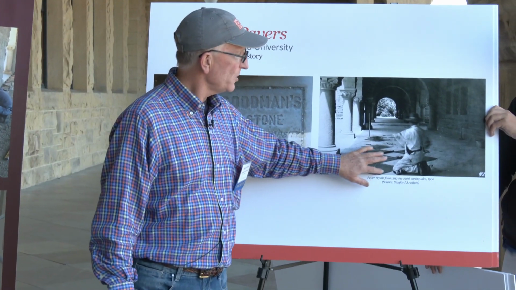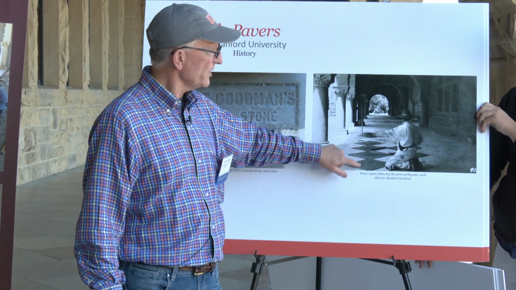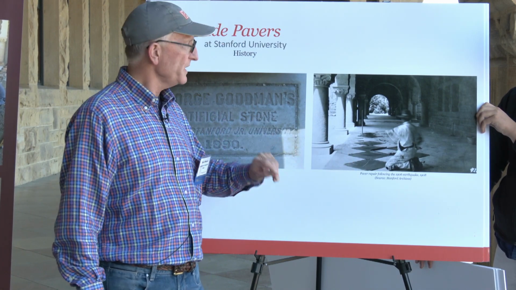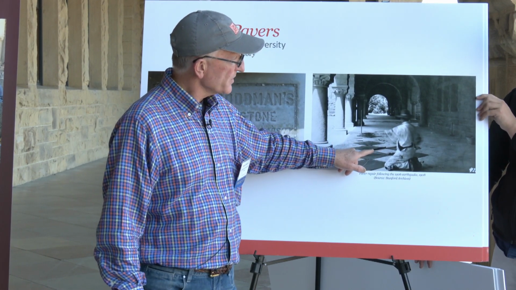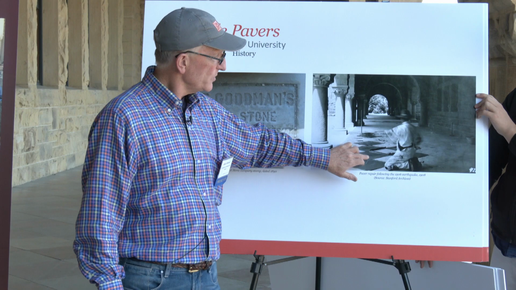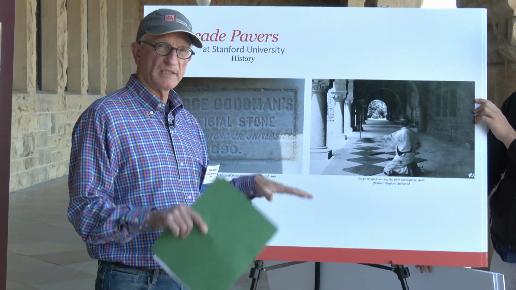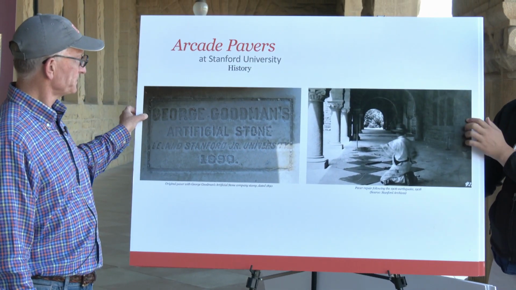It's an early photo of the installation of the pavement. And what's important here is that we can actually see the tar paper that was used between each unit, that allowed them to move independently. Very important component.